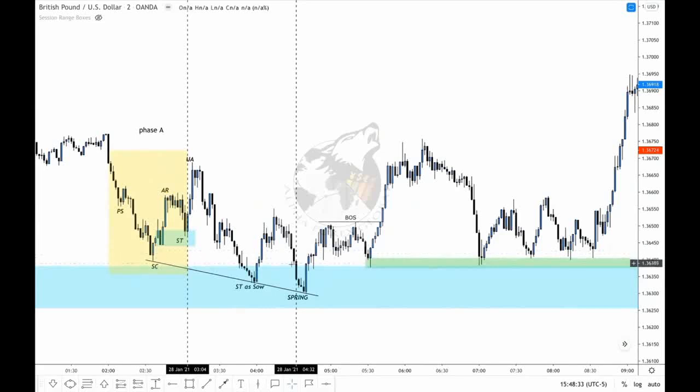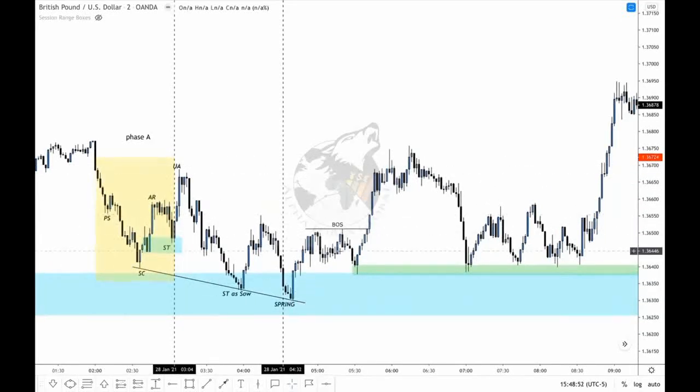So the spring is acting as a sponsor candle, right? So we take our liquidity with the spring. We also induce sellers and take our liquidity from buyers that are buying, right? And then market pushes to the upside.